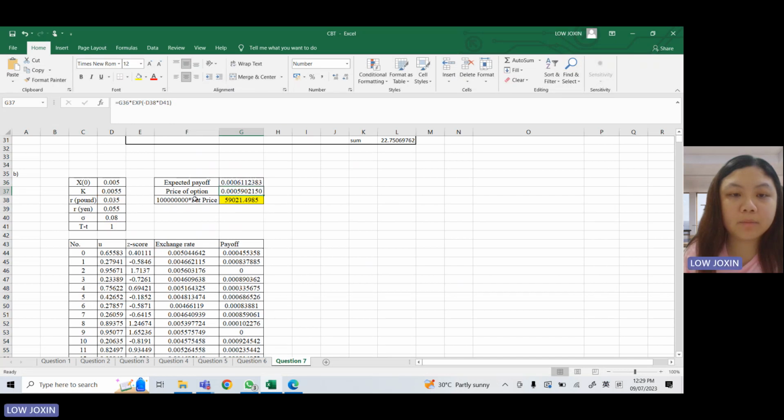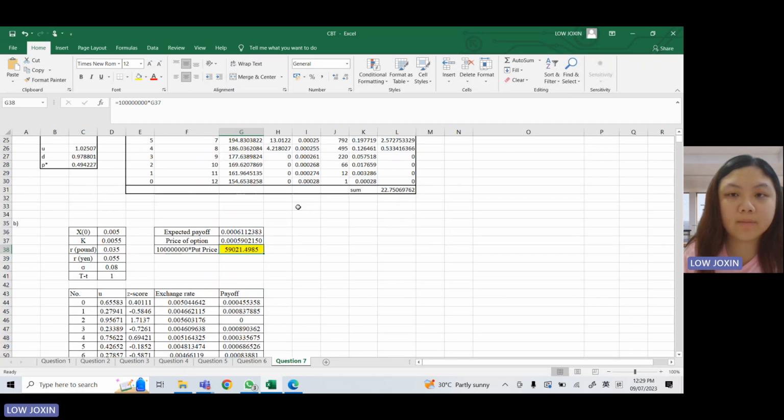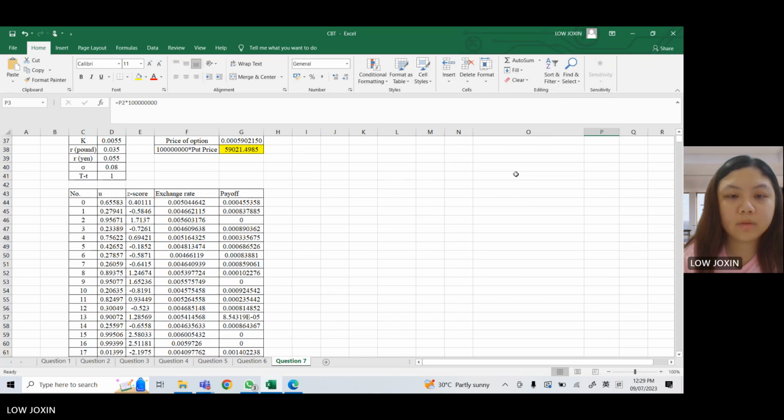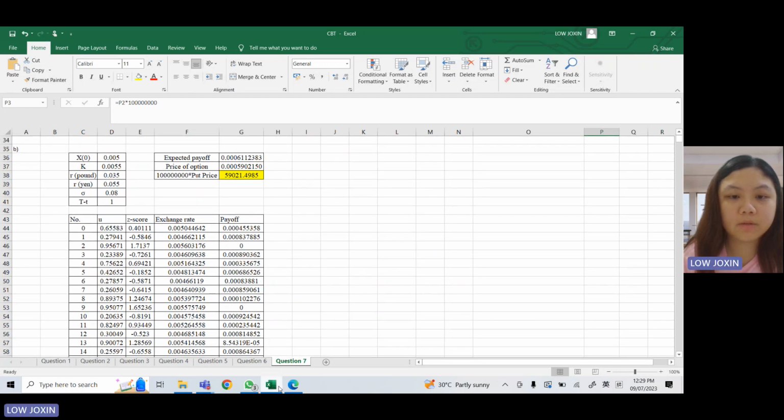And then for the put price, I need to multiply with this value, because I will need to buy this much of yen to hedge this much of yen after 1 year. So I get the answer is 59021.4985, which is quite close to the put price here. So that's all for question 2 and question 7. Thank you.